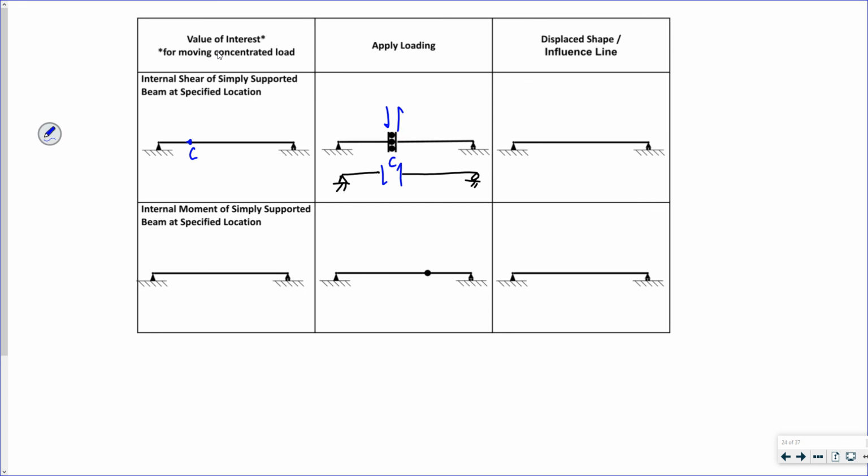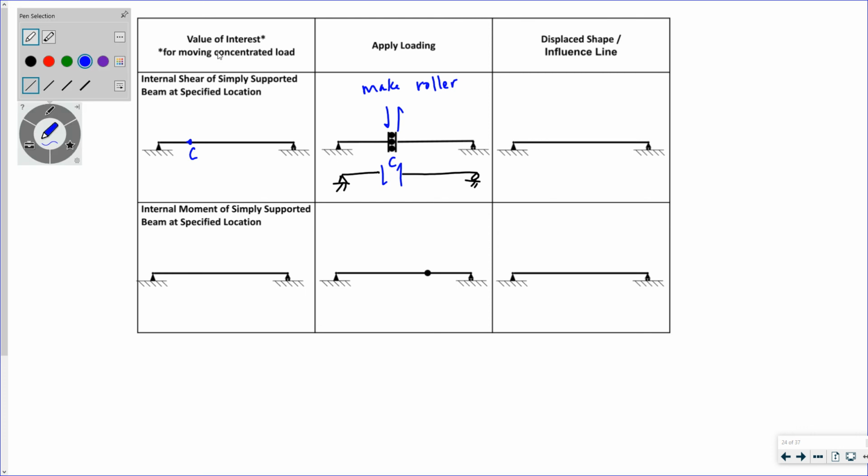What I've drawn there is a roller, right? If I apply shear, you might be able to tell this is going to go down and that's going to go up.